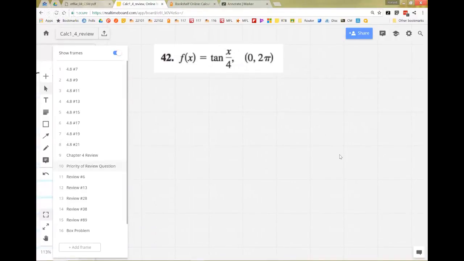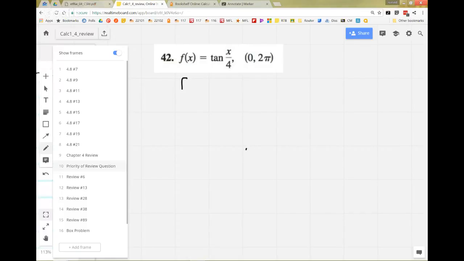All right. So if we want to take the derivative of the tangent, how do we do that? Secant squared, right? And we want to do it on the interval from 0 through 2 pi. Okay? So, get my pen.